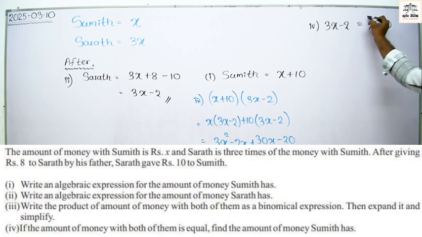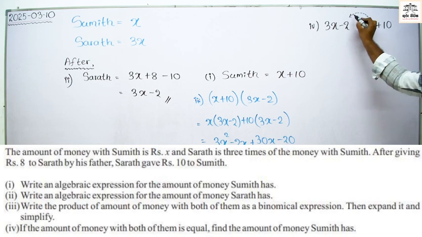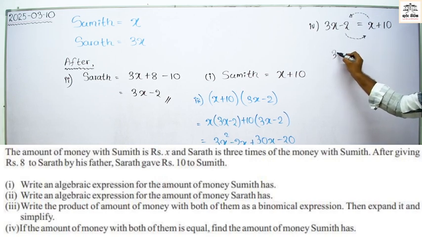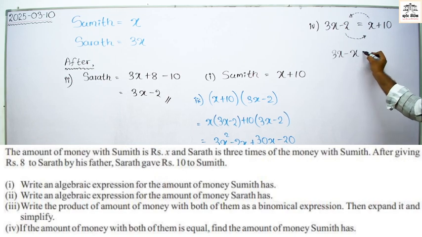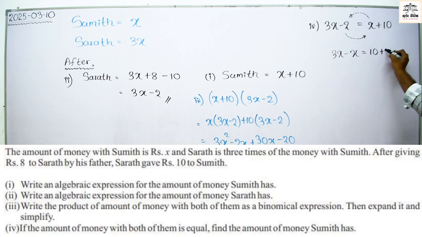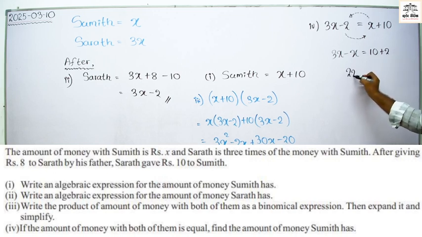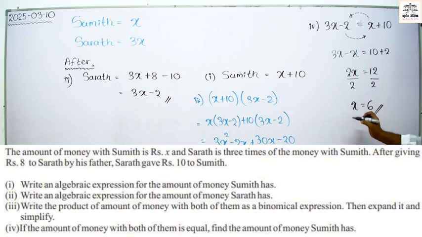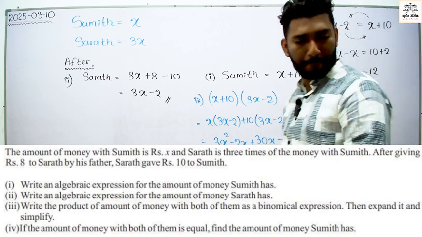Now, x goes to the left-hand side, and minus 2 goes to the right-hand side. Now, 3x minus x equals 10 plus 2. 2x becomes 12. Now, both sides are divided by 2. Now, x becomes 6.